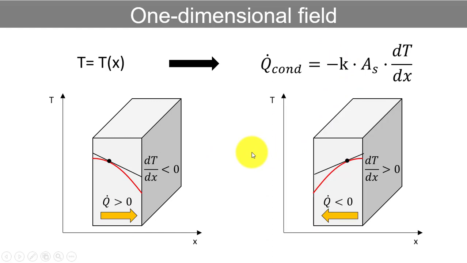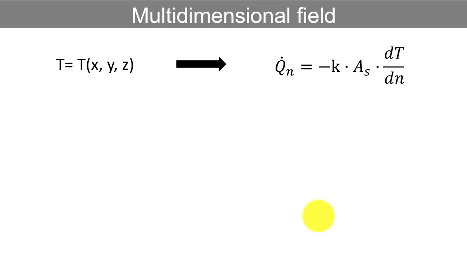So in the opposite case, when the gradient is positive, we obtain that the heat transfer by conduction is negative. It goes in the opposite direction. The same that we are explaining here for the one-dimensional heat transfer problem can be applied to the multidimensional, three-dimensional heat transfer problem where the temperature field depends on x, y, and z.